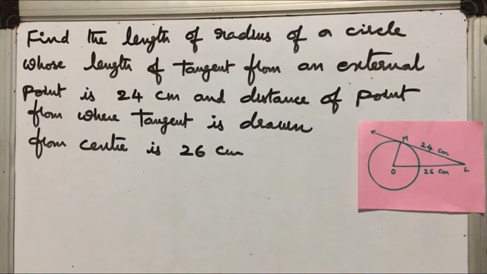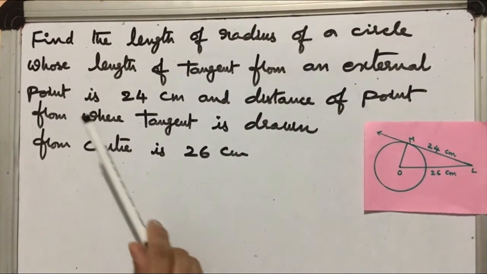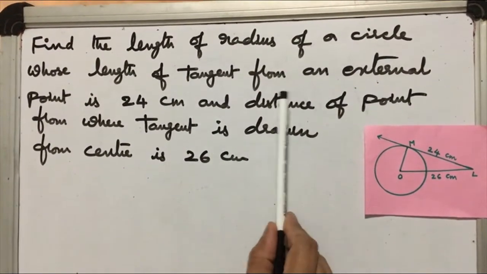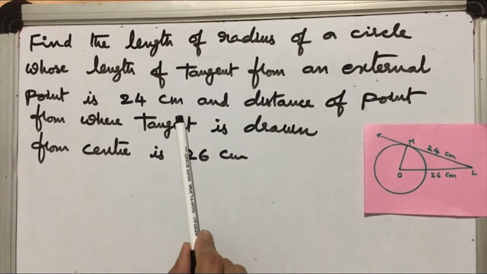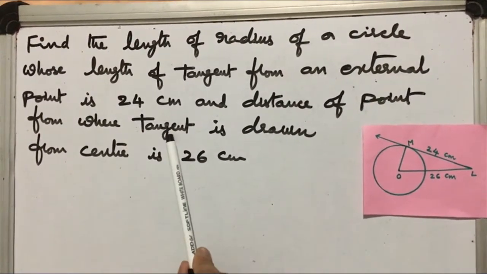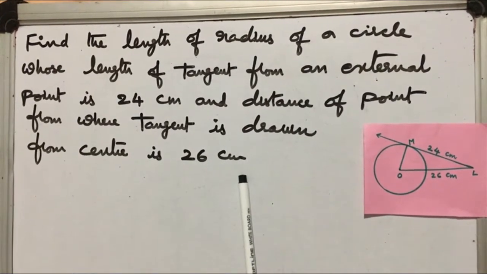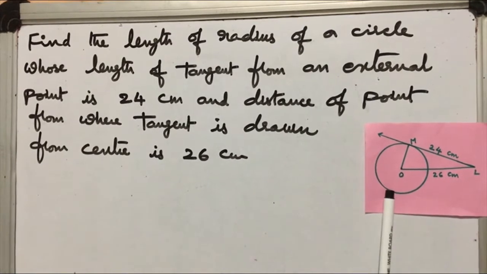Here the problem is to find the length of the radius of a circle, given that the length of the tangent from an external point is 24 centimeters and the distance of the point from where the tangent is drawn to the center is 26 centimeters. Let us see in the figure.